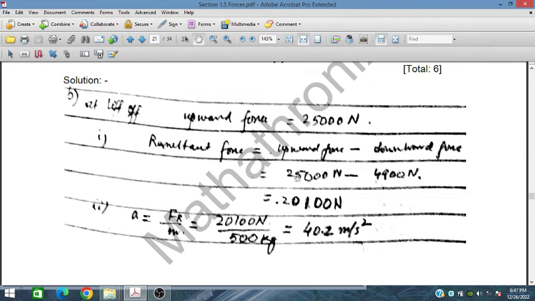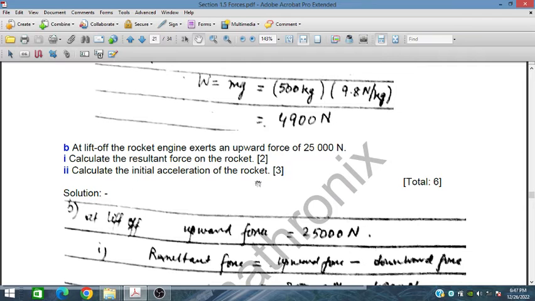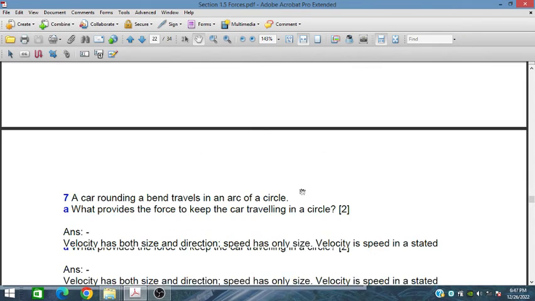So the difference is 20,100 newtons. Divided by mass, this gives the acceleration, 40.2 meters per second squared. This is also very important: the initial acceleration.